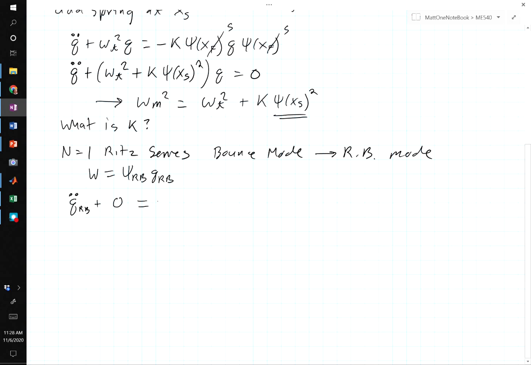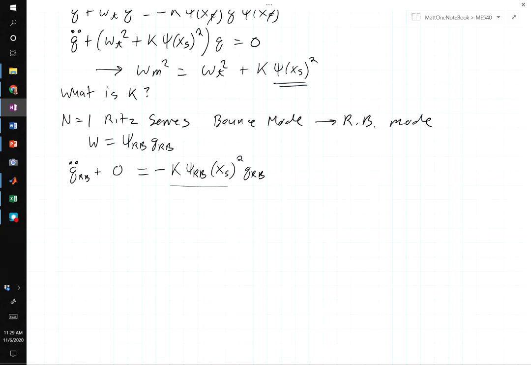And as we had before, we're going to get a minus K of the support times psi RB of the position of the spring or the support, squared, times q RB. Now notice this becomes the total stiffness term here.